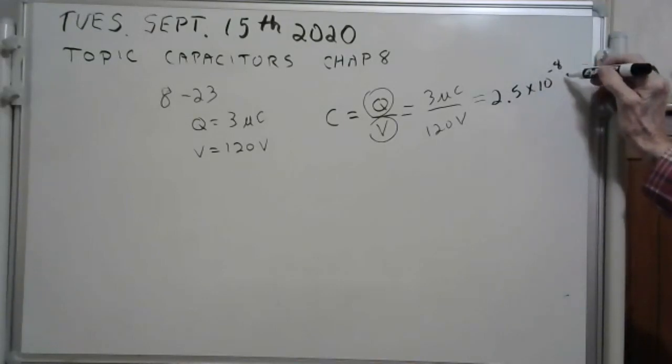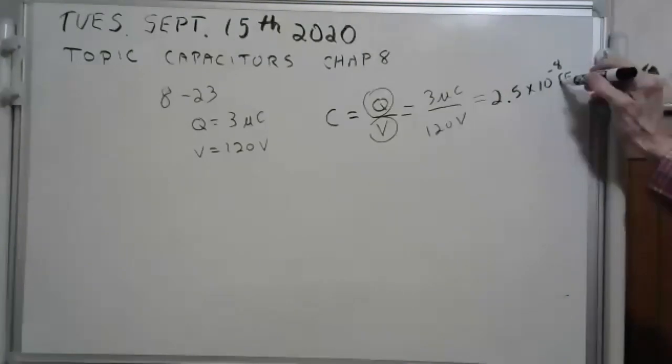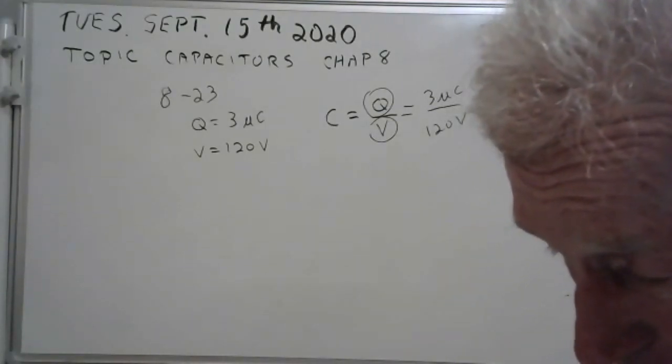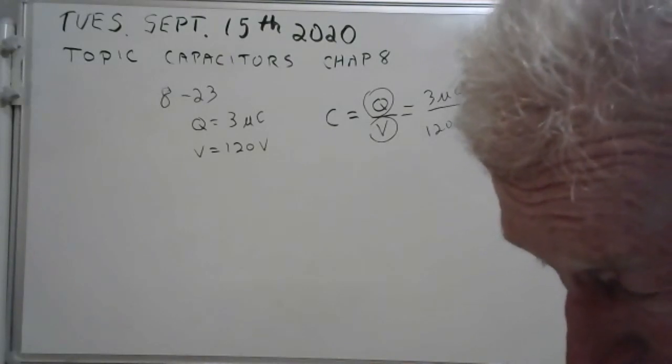Now what would be the units, Christy? Do you know what the units are for capacitance? Yeah, it's farad. Yeah, there you go. Now they pronounce it farads, but if you want to call it farads, you go right ahead.